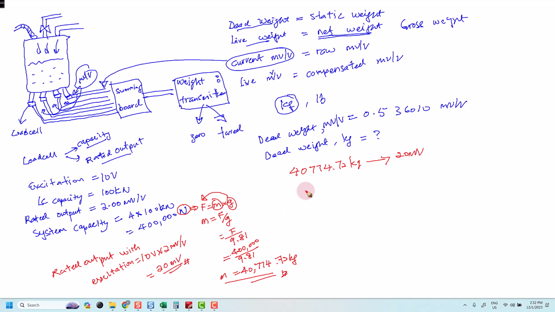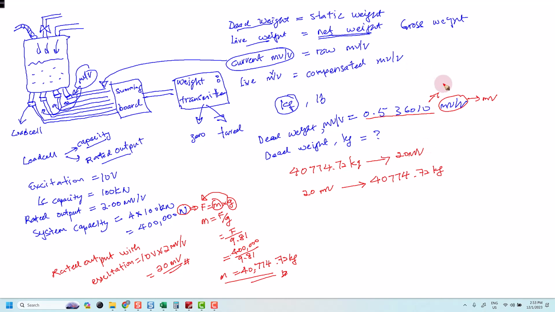So it can be rewritten as 20 millivolt is proportional to 40,774.72 kilogram. So if my dead weight is 0.536010, you have to change this from millivolt per volt to millivolt so that the unit will be the same as this one.